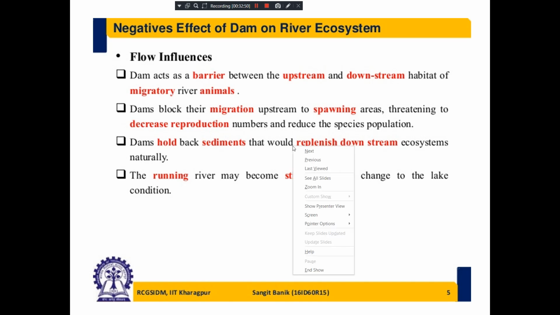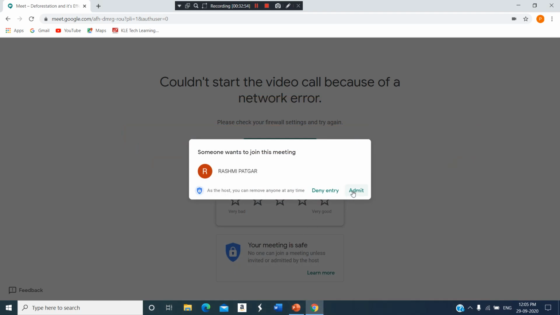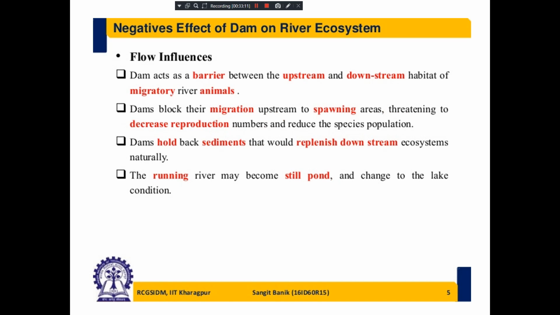They go to the upstream of the rivers and breed there. But now, because of the dam construction, that is a barrier. They cannot cross the dams.